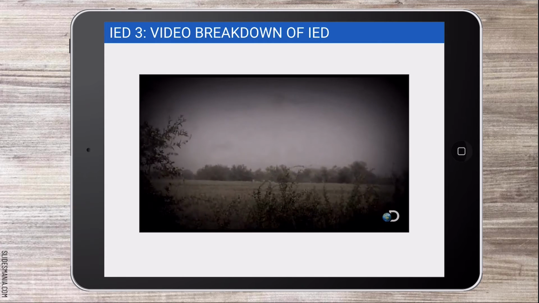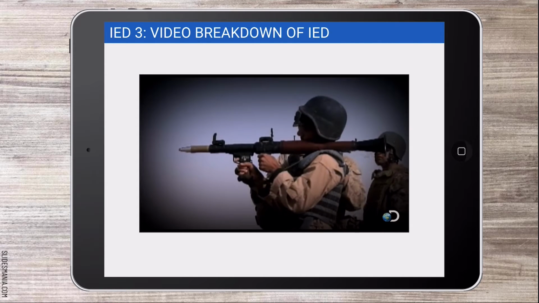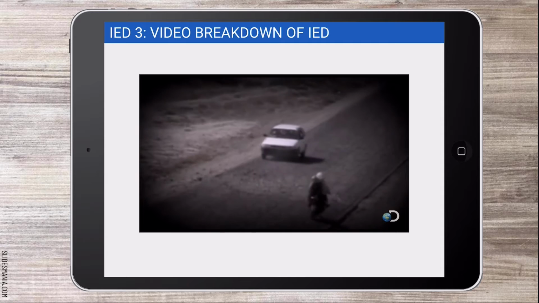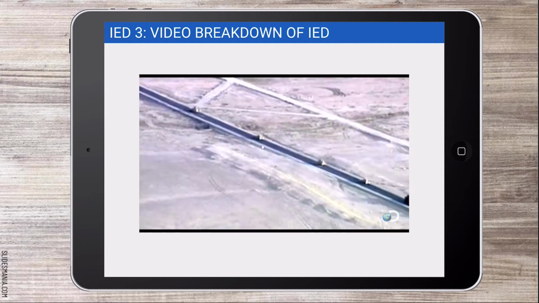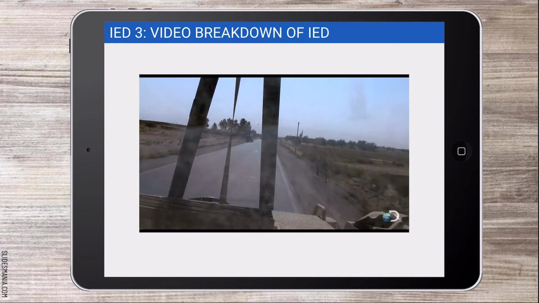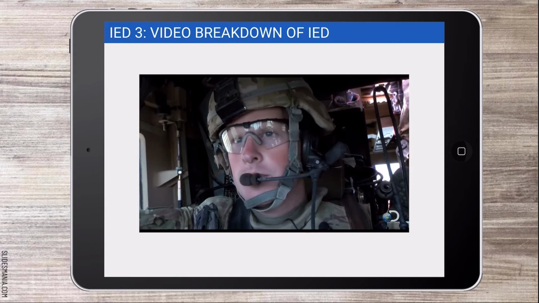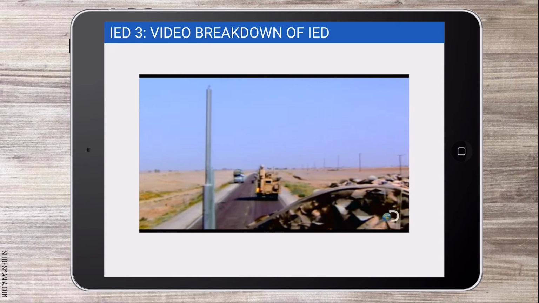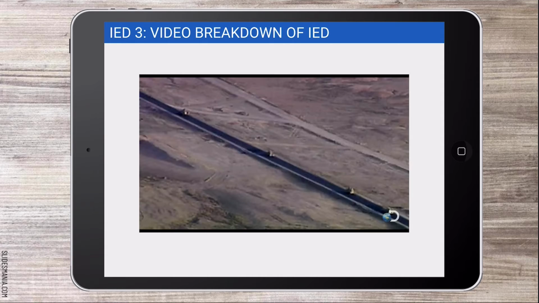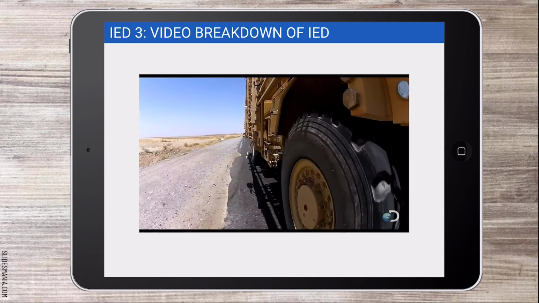Sniper fire, rocket-propelled grenades, and suicide bombers. 1126 is getting ready to turn off. 30 miles west of the base, 2nd Platoon is leaving the A1 highway, one of the few paved roads in the country.